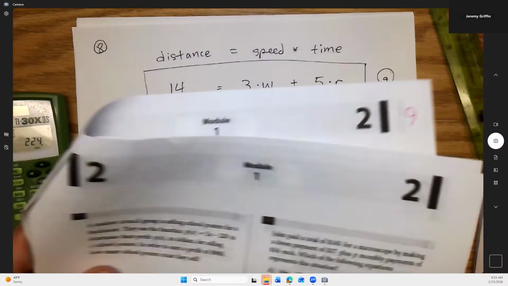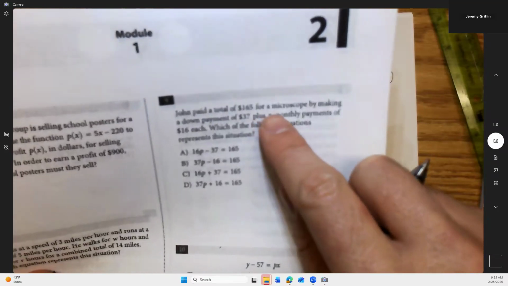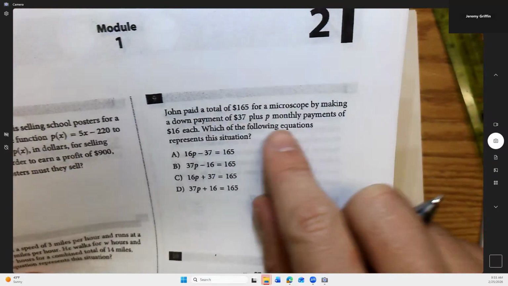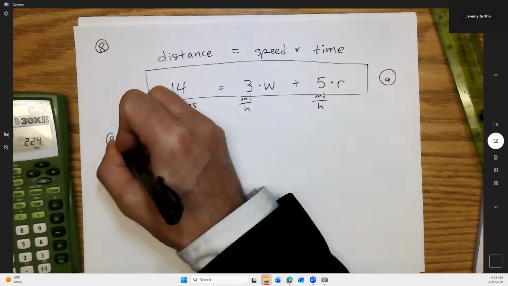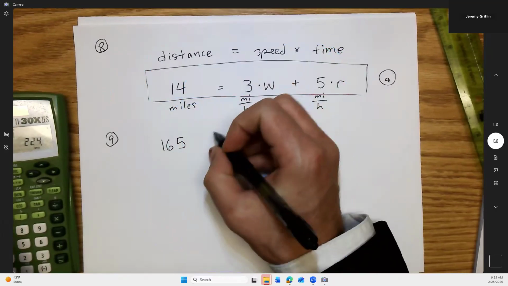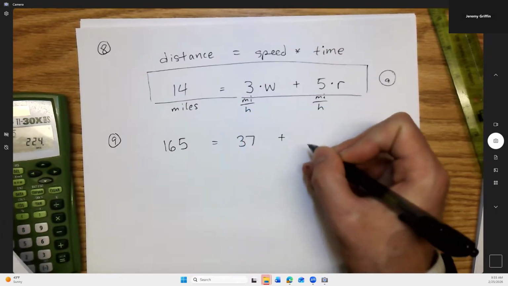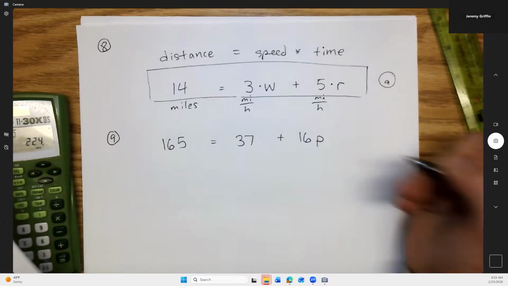Okay. Number 9. John paid a total of $165 for a microscope by making a down payment of $37 plus k monthly payments of $16 each. Which of the following represents this situation? Right, so we got to get to $165 by making a down payment of $37 plus $16 per payment for k monthly payments.